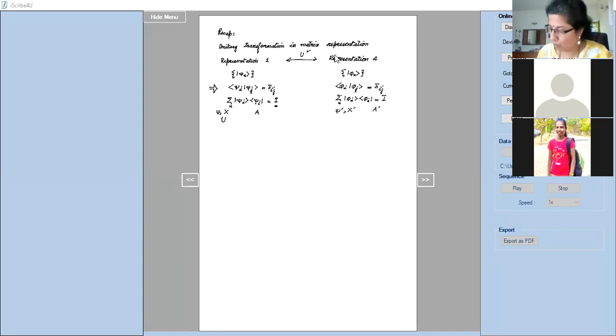And what we do know is that psi prime is equal to U psi. We know that x prime is equal to U x. And we know that A prime is nothing but U dagger.